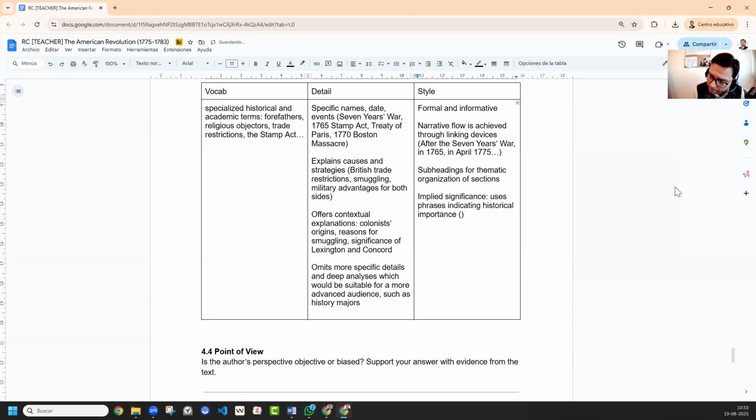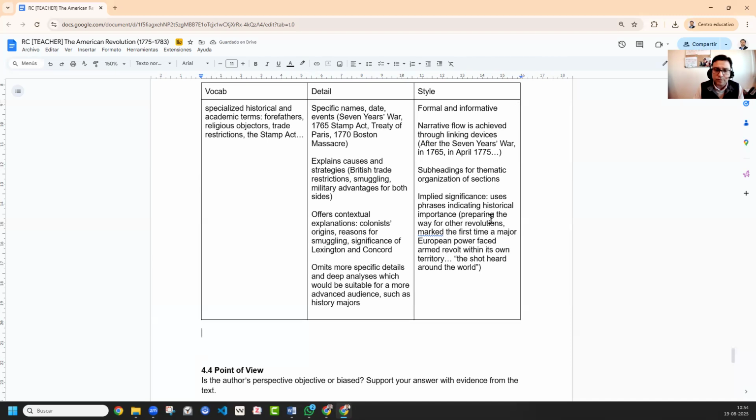Okay, so for example here, we could include some phrases like preparing the way for other revolutions, marked the first time a major European power faced armed revolt within its own territory, etc. Also, the shot heard around the world, etc. Okay.